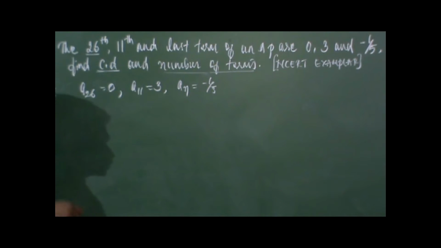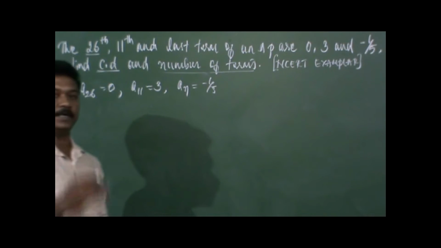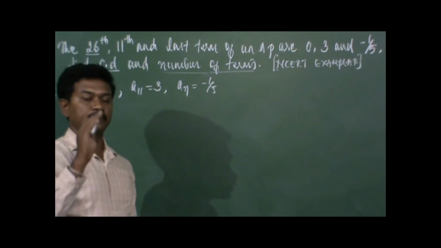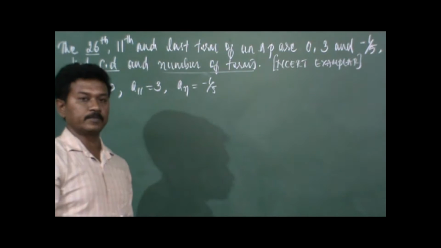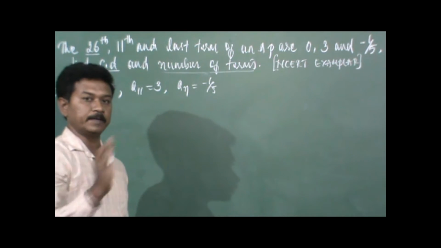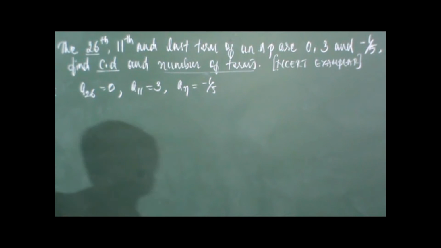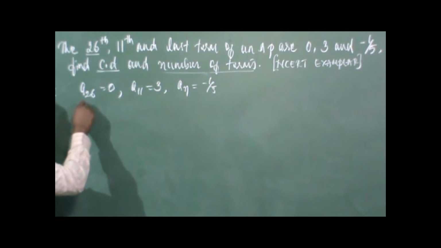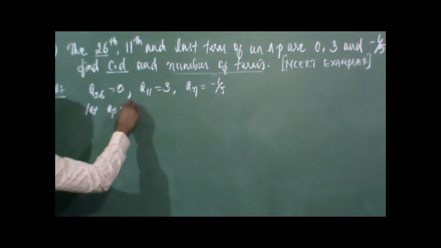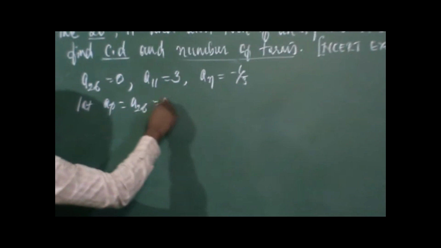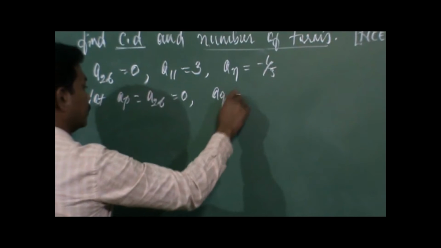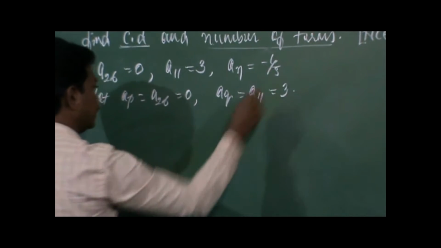As I have told you in my previous classes, if two different terms of an AP are given, to find the common difference, use the formula d is equal to AP minus AQ by P minus Q. It's a very simple formula. So let AP is equal to A26 is equal to 0, AQ is equal to A11 is equal to 3.